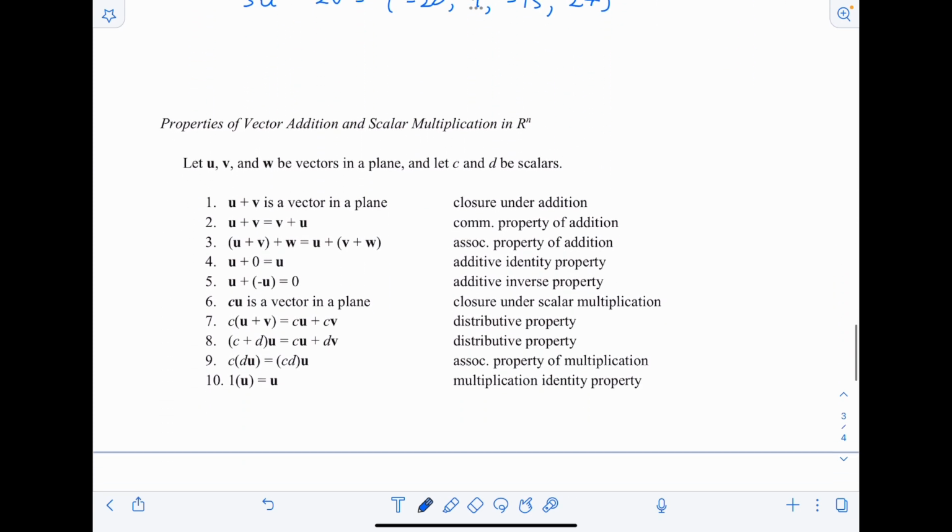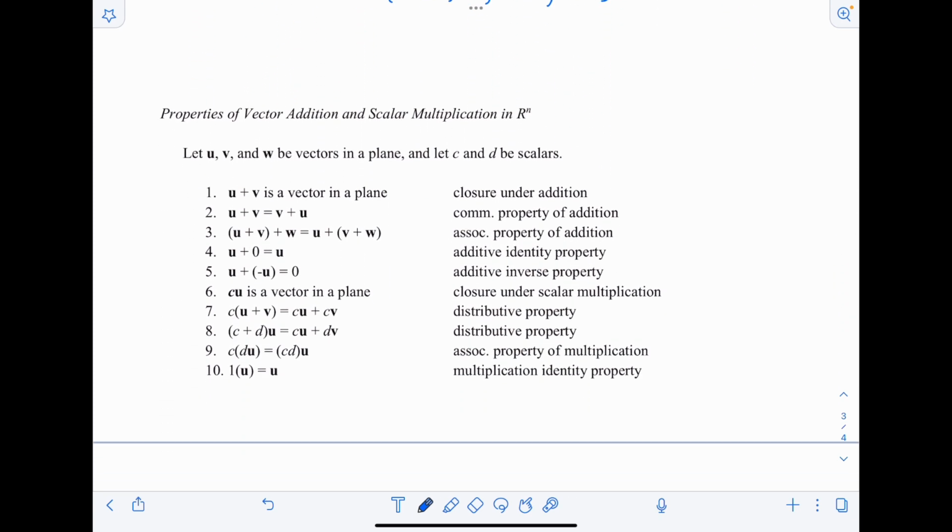So in the book, it lists all the properties of vector addition and scalar multiplication, and this list should look very, very similar. It's something that we saw back with matrices, because a lot of the same conditions that apply for matrices also apply for vectors. So you've got a lot of different types of identities that involve addition.